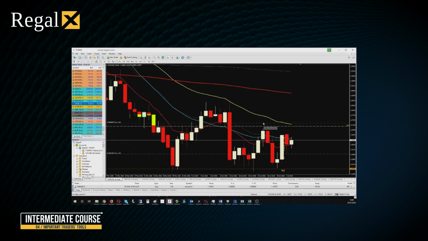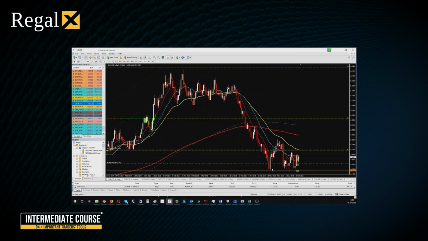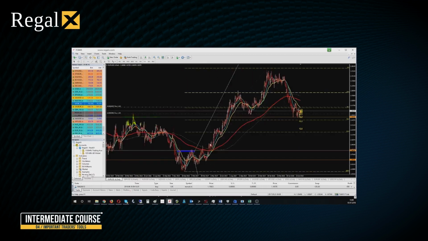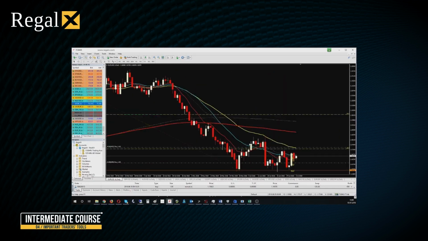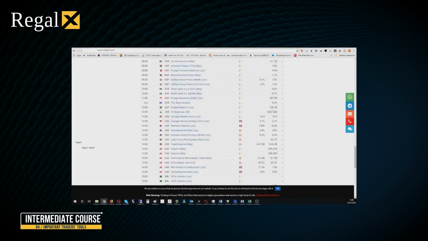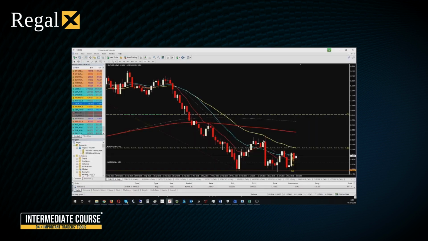So boom. Before that, the euro was looking at a very good recovery, possibly continuing this longer upturn trend. And if you had not known that there's an event risk, which you can find on our website, on our economic calendar, then you might have wanted to continue to buy the market. But because of that, you would have more options.